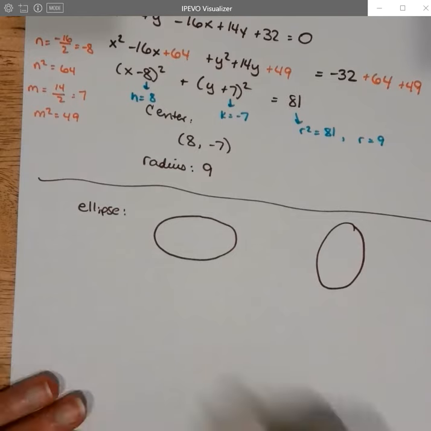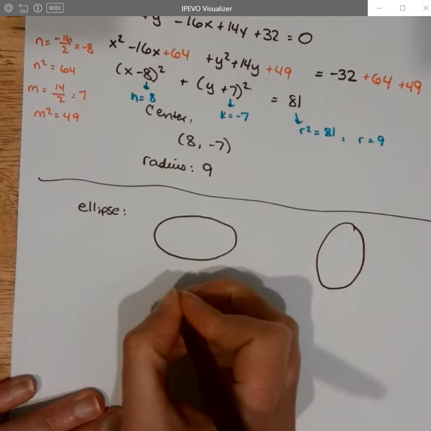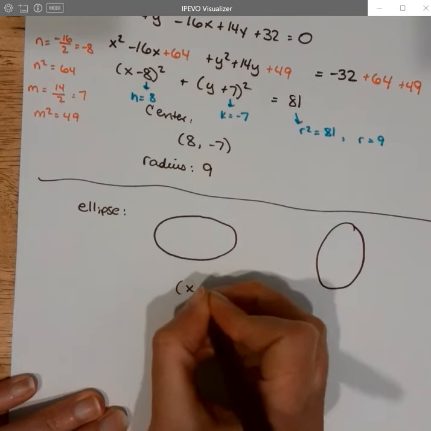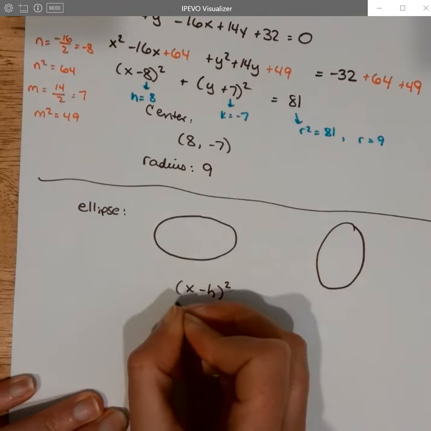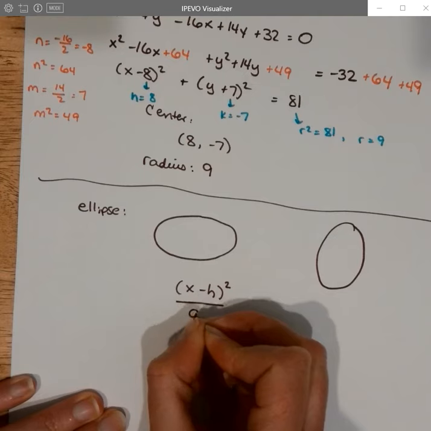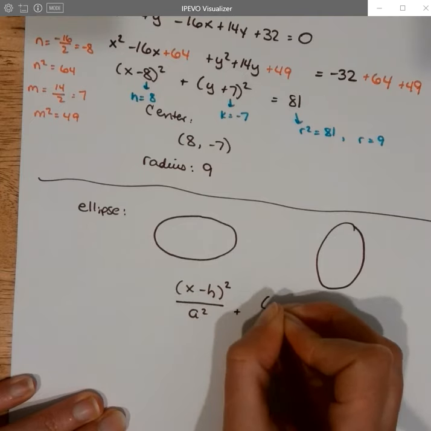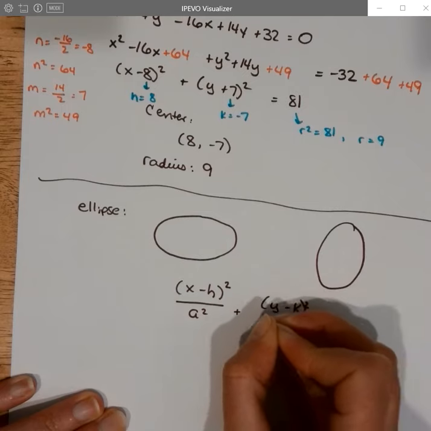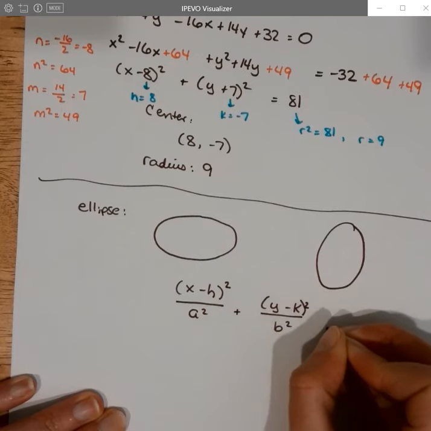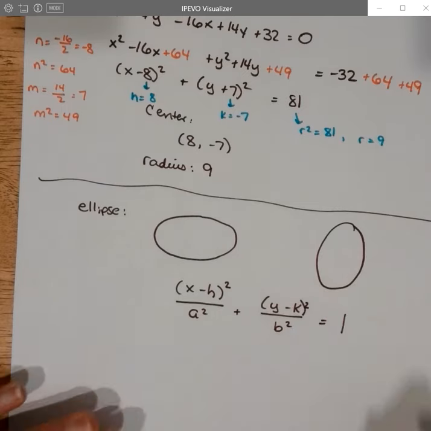So if I start writing what the equation for the ellipse would be, it looks like a circle, so it's (x minus h) squared divided by a squared, plus (y minus k) squared divided by b squared, and then it's equal to 1.